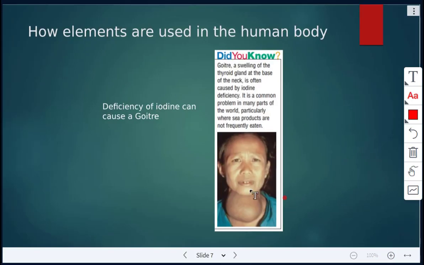So what we can see here is a deficiency of iodine, which can cause a goiter. So this here is a goiter. That's a swelling of the thyroid gland at the base of the neck, and it's usually caused by a deficiency of iodine. So it is a common problem in many parts of the world, particularly where sea products are not frequently eaten.